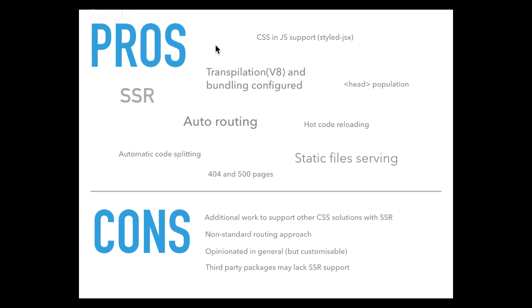Also you can see here that hot code reloading is supported, and static file serving. It means that you also have in the root of your application this static folder, and you put there images, fonts, and other static stuff. Then inside the application you can just put /static/ and the name of your file, and you get that file available.